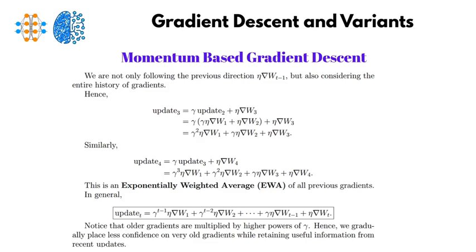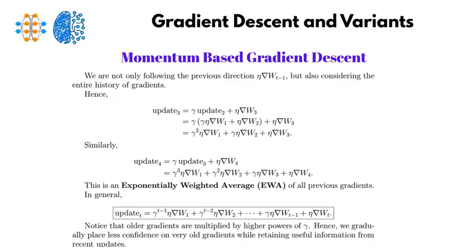We have already seen that the second update contains information from both the first and the second gradient. Now let us continue the same expansion for the third and fourth update. For the third iteration, the update is update 3 equals gamma multiplied by update 2 plus eta multiplied by the gradient of w3.